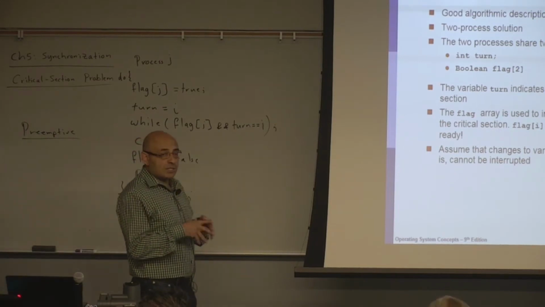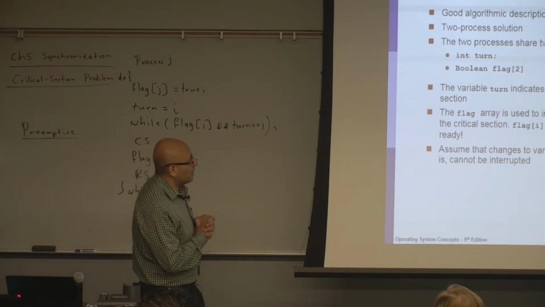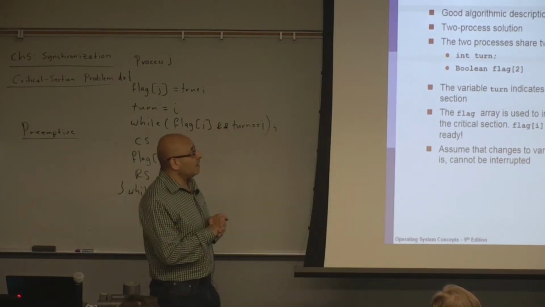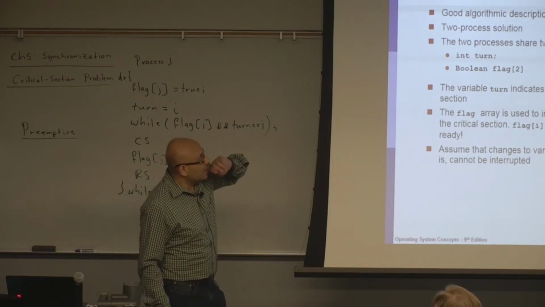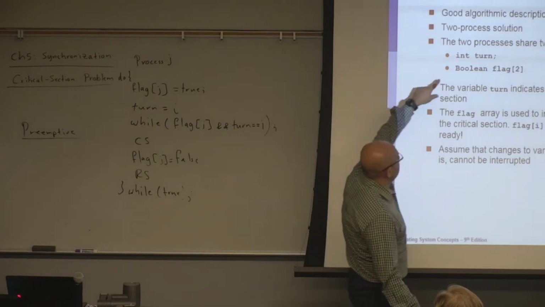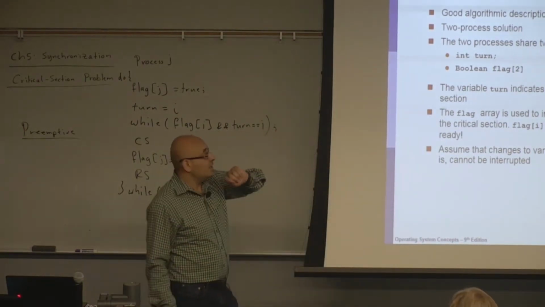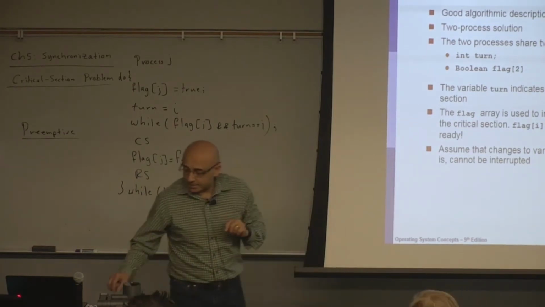Now, this solution is going to work for two processes, I and J. And there are two shared variables. These are the variable turn, which is an integer that indicates whose turn it is now to access the critical section.